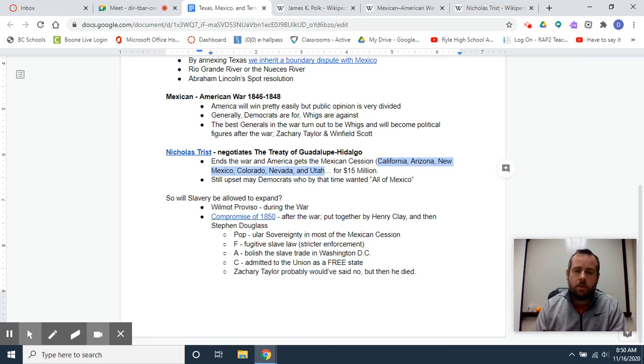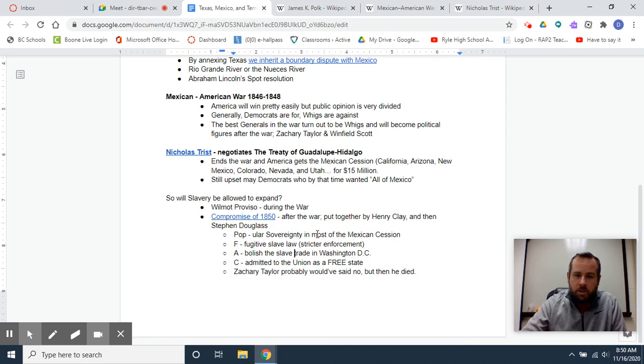And so the politicians got together, and our guy Henry Clay in 1850, this is one of the last things he does, his last hurrah, comes in and says, hey, let's put together a compromise that answers whether slavery will be allowed to expand, and makes people happy on all sides. Your acronym to memorize the Compromise of 1850 is POPFAC. POPFAC. And these are the provisions.